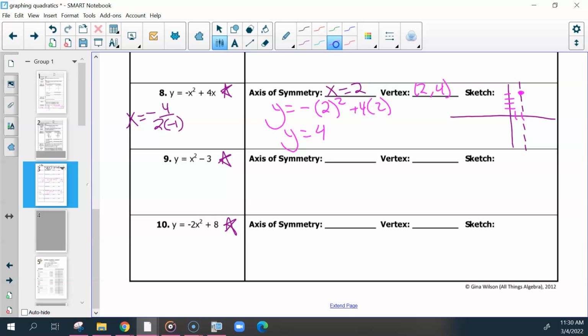Because what is 2? I'm sorry, that. This would be 8, and this would be 4, but it's negative. -4 plus 8. Would this face up or face down? Look at your A value. This would face down.